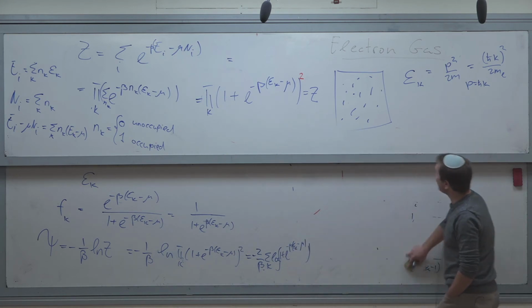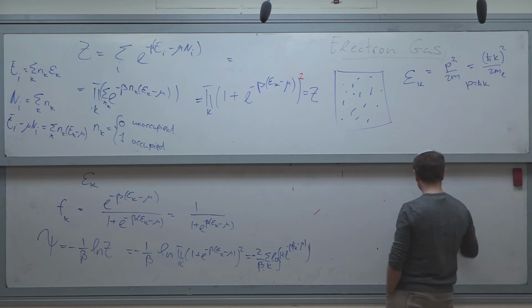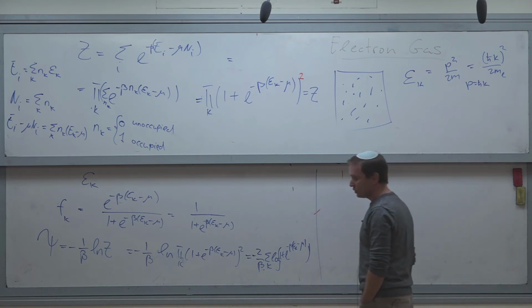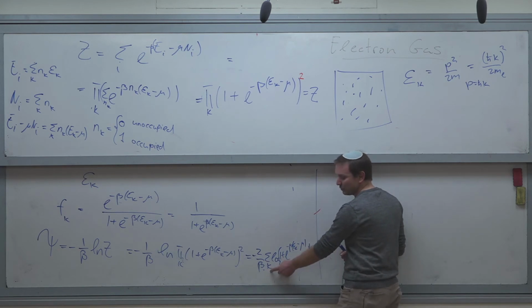Now, in our case, the energies are continuous. So what do we do when we have continuous energies? We say the following: instead of having this sum over here, we're going to have an integration.